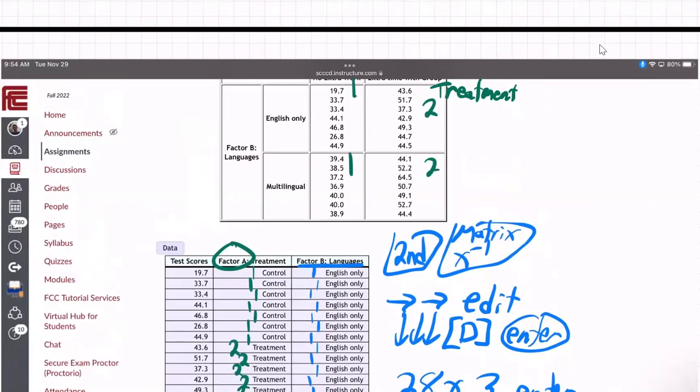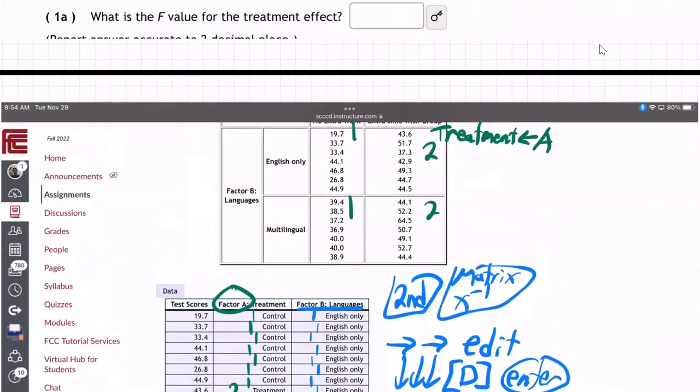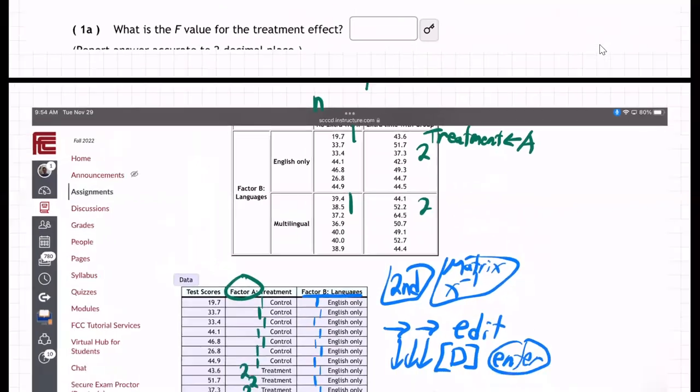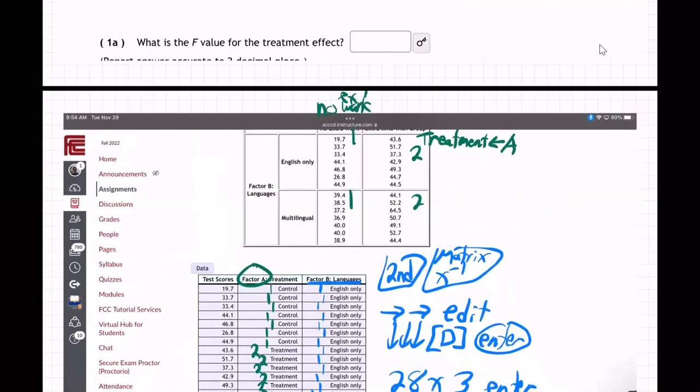That was factor A. Factor A is treatment, which is a 1 for, what was it? It was no extra work. And this other one is extra group work. So that's 2.